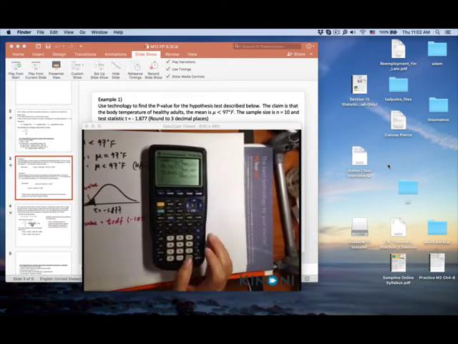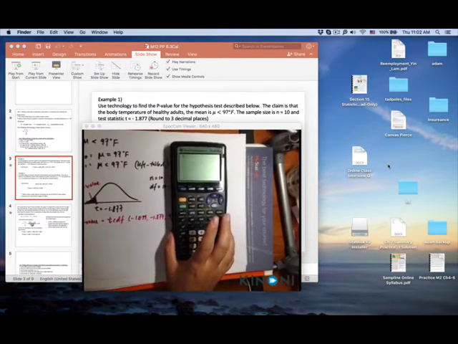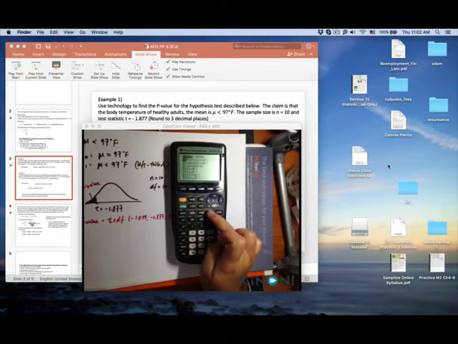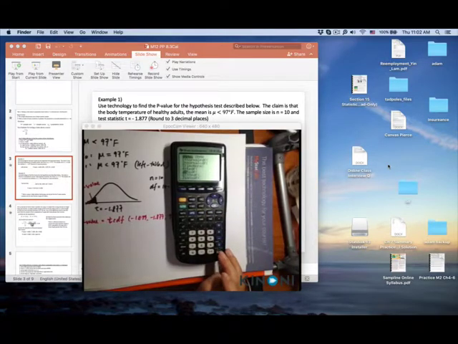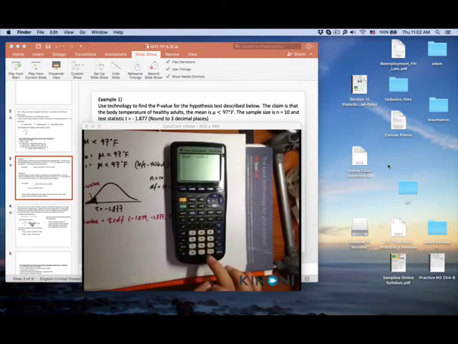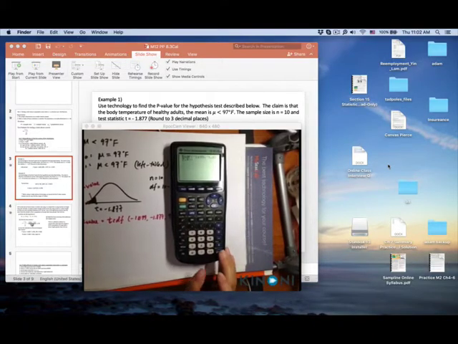Let's use our calculator here. Go to 2nd VARS and choose tcdf. The lower value is -1E99, comma, -1.877, comma, the degrees of freedom is 9.